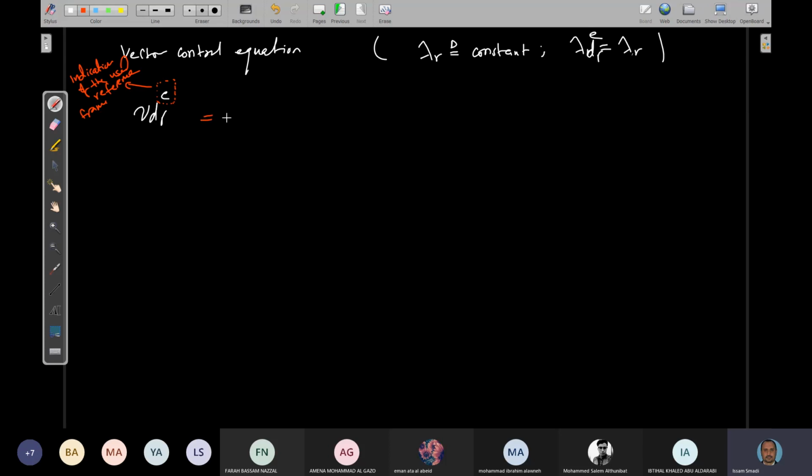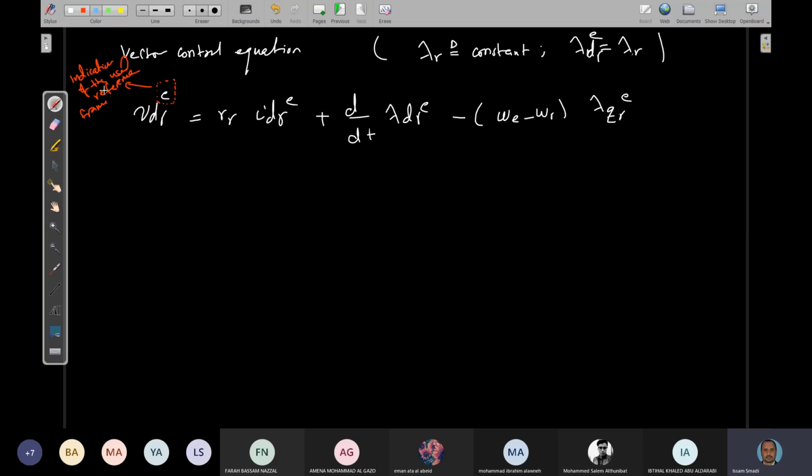So VDR will equal to RR IDRE plus d by dt lambda DRE, and also here we have minus omega E minus omega R lambda QRE. Now I'm forgetting the dash, all the quantities refer to the stator, but because I'm having E, I will not write also a dash.